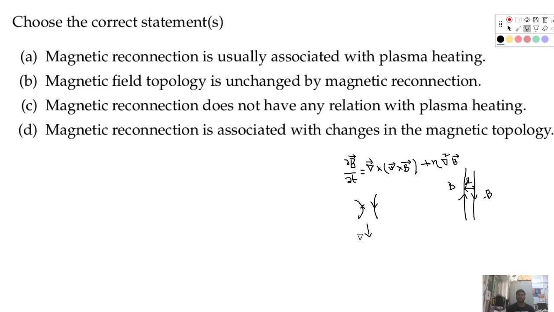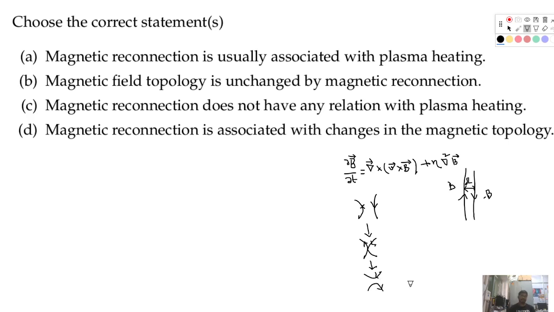They can come close to each other and then reconnect here, right? If they reconnect here, you will have this kind of field line this way, and this one this way. So this is a magnetic reconnection scenario.